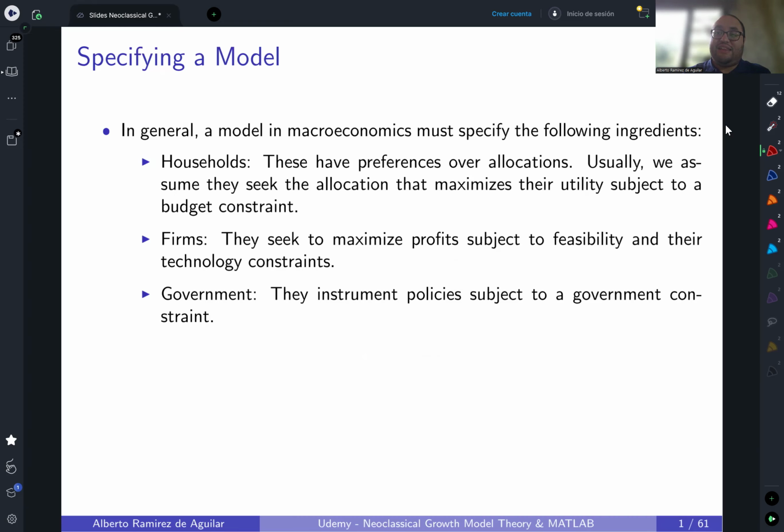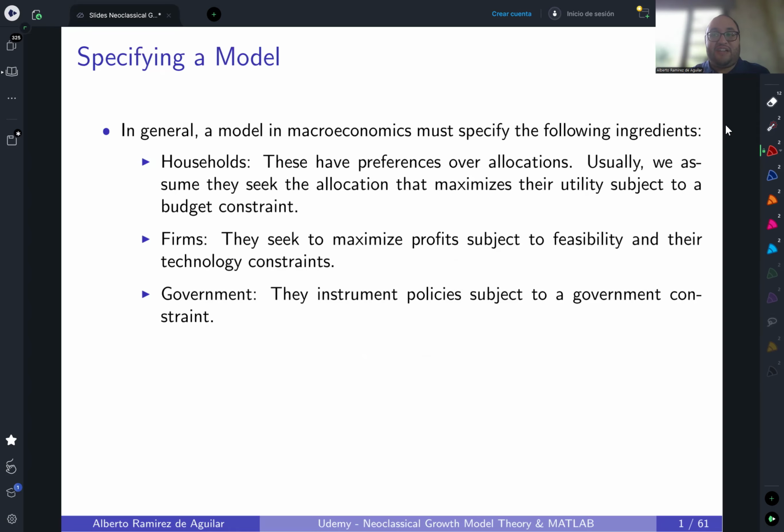This, again, is an aspect that most macroeconomic models nowadays consider. In this course, however, because of one very strong result that I'm going to discuss in further lectures, the neoclassical growth model is not going to necessarily need a government in order for it to operate.